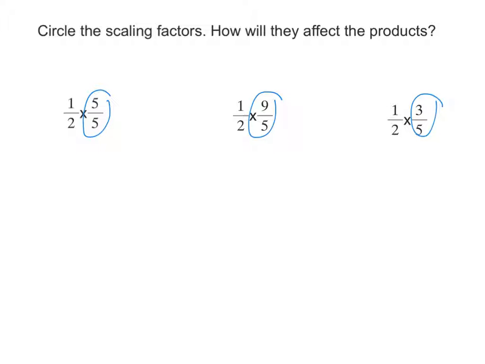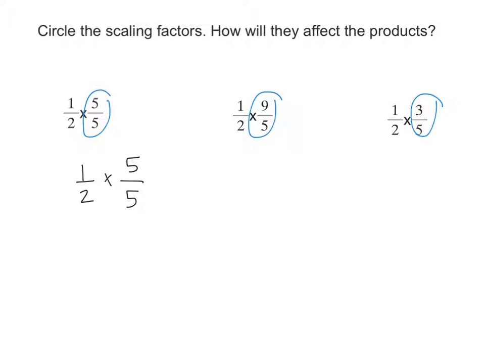Okay. Now, let's go ahead and do the math so that we can answer the second part that says how will they affect the products. So 1/2 times 5/5 we know is going to be what? 1/2, because 5/5 is just another version of what number? 1. And I'll prove it to you. 1/2 times 5/5.